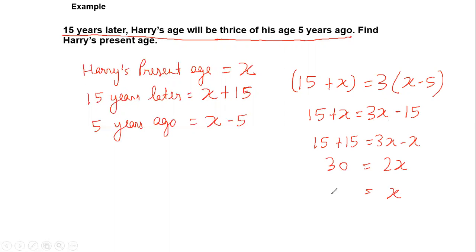So X will come out to be 30 by 2, that is 15. So you assign a variable to the unknown quantity, form the mathematical equation, isolate the variable on one side and solve for that missing variable. That's the very basic idea behind solving any linear equation. I hope this question is clear.